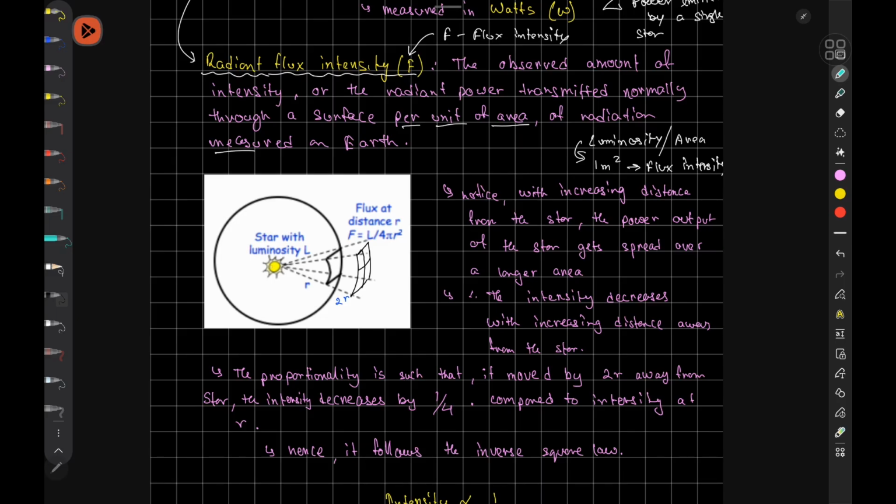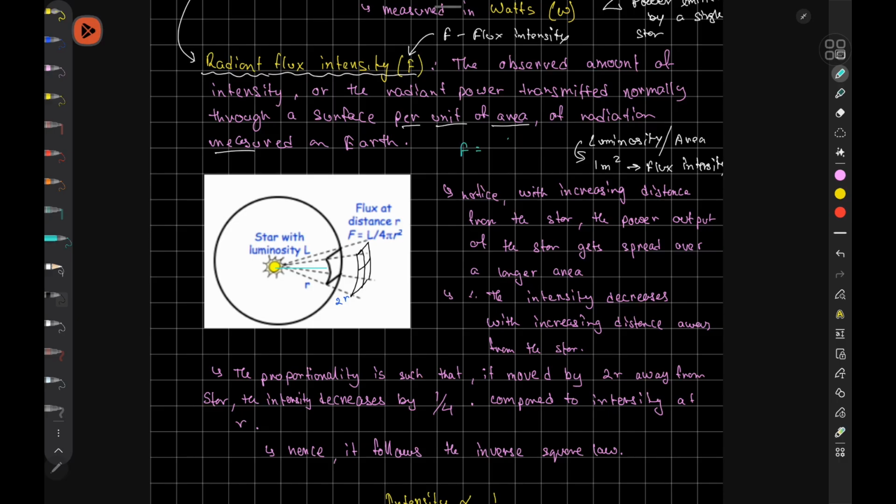Let's say the sun is at the center, a light emitting stellar object, and we are at distance r, consider this the basic unit.